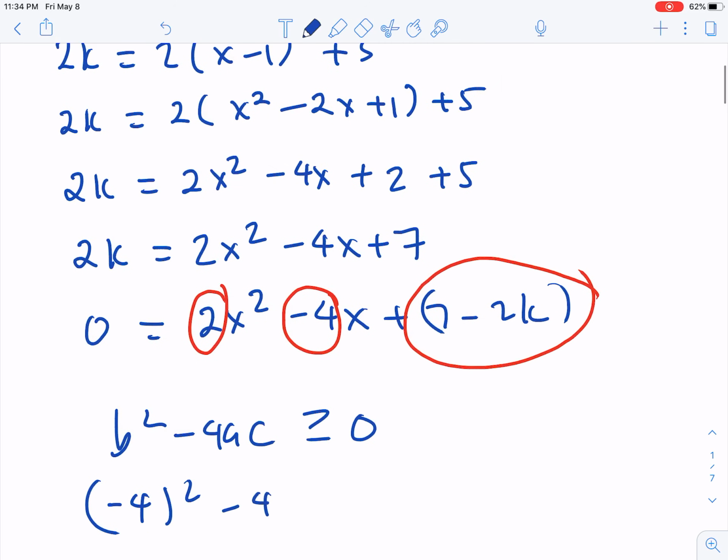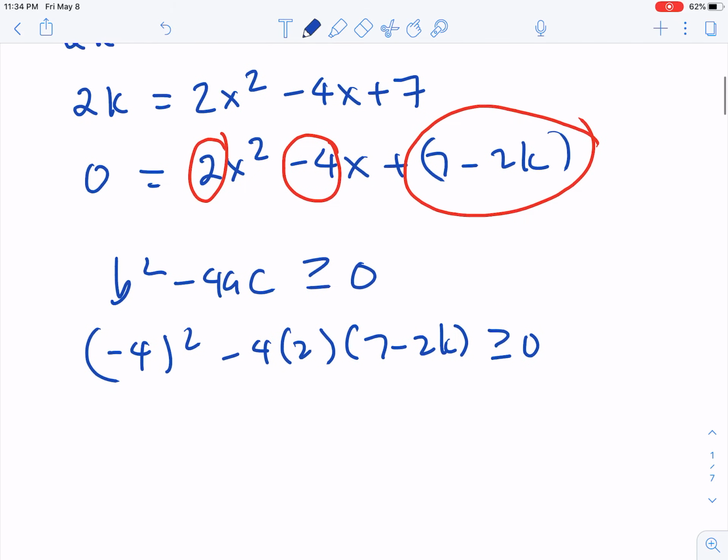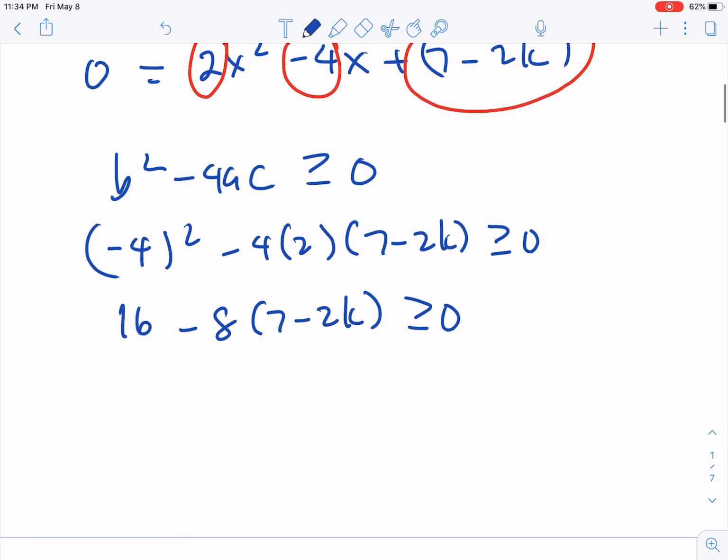Minus 4 times a, which is 2, times c, which is 7 minus 2k. It's greater than or equal to 0. So this is 16 minus 8 times 7 minus 2k. It's greater than or equal to 0.